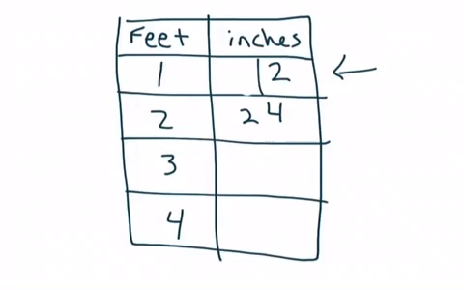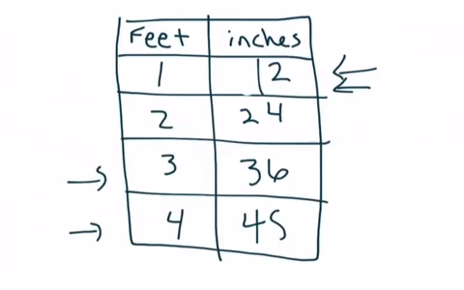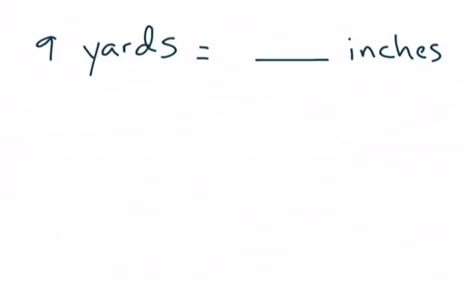For 3 feet, that's 12 times 3. So I'm just taking that relationship, the 12, and multiplying by how many bigger units I have. So 3 times 12, 36. 4 times 12, 48. And I have my conversions.